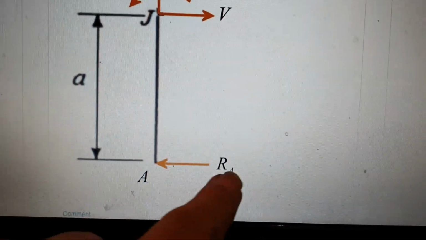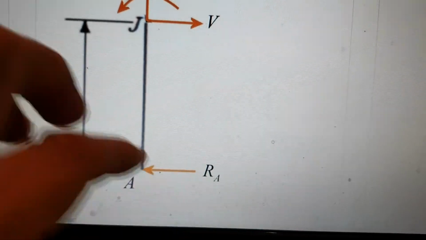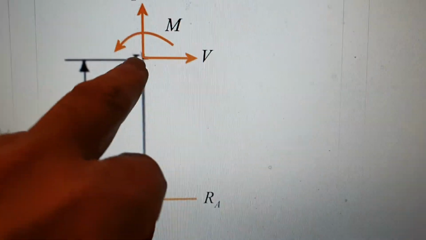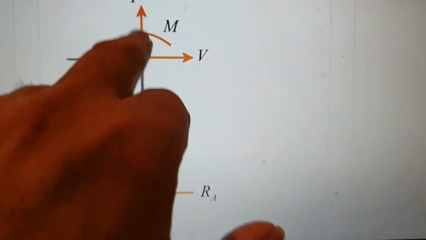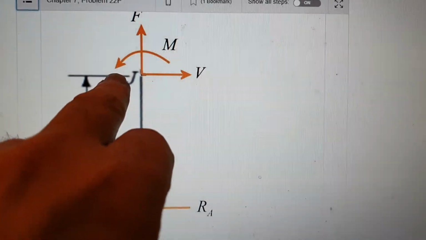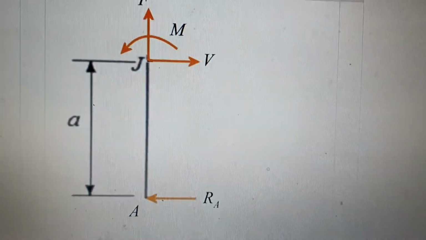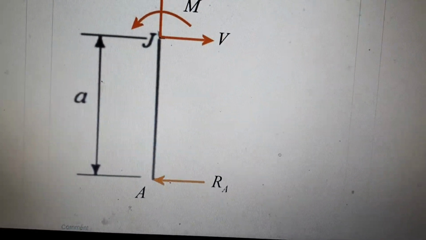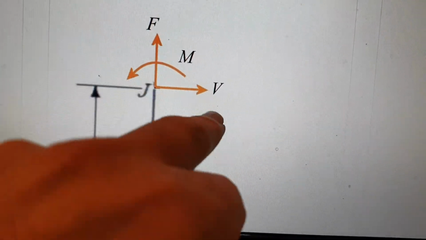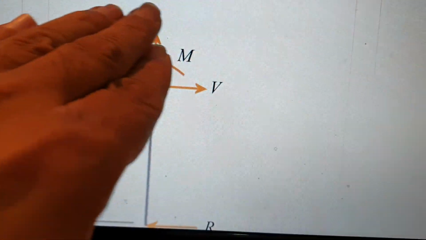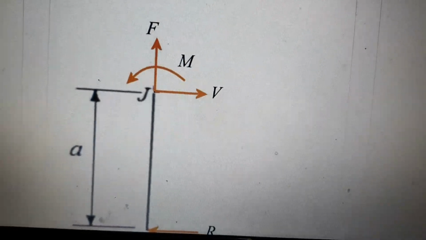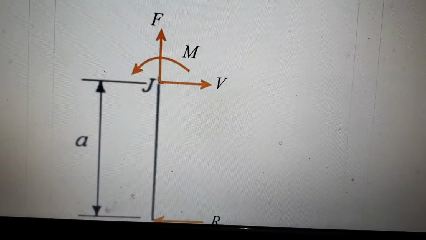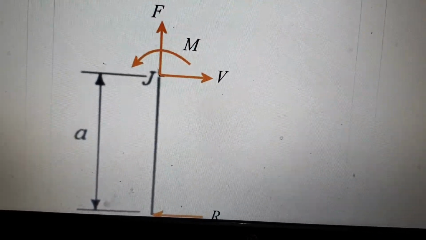RA is RA, which is a function of P, we found that, and this is the distance A. And at G you will have 1 moment, and you'll have 1 shear, vertical shear, and one axial force, and moment. These are the internal forces and moment about point G.